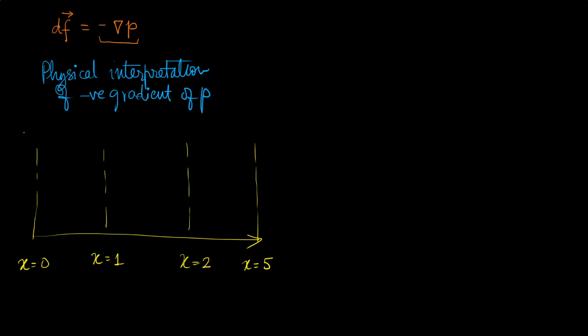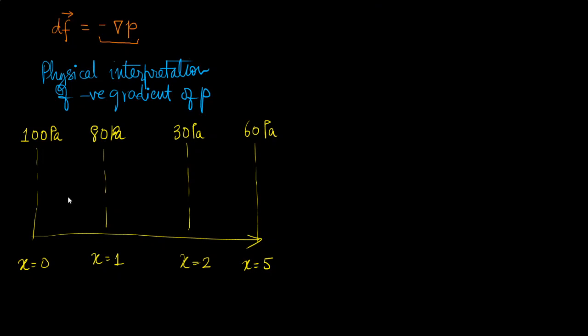Let the pressure at this point be 100 Pascal. Let the pressure over here be 80 Pascal. Let the pressure over here be 30 Pascal, and let the pressure over here be 60 Pascal.